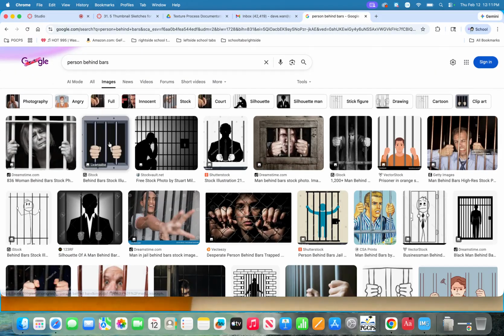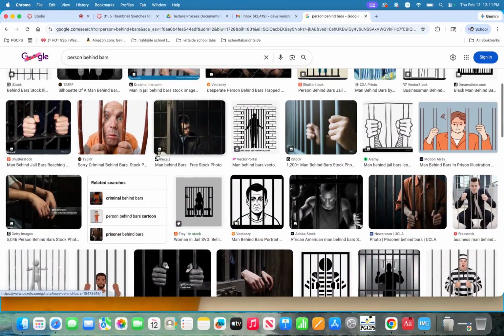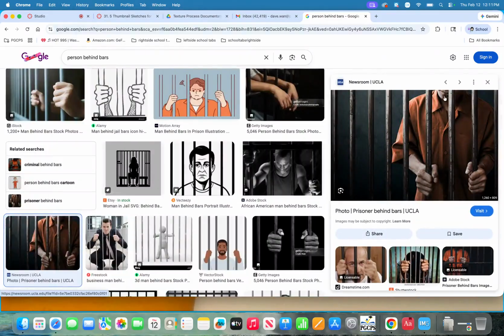I could think about how I could draw a little composition of somebody going behind bars. I don't think the face is that important, but maybe I could do something like this where it's hands that are holding the bars. And then they could be in a teacher outfit, like a tie, just professional.